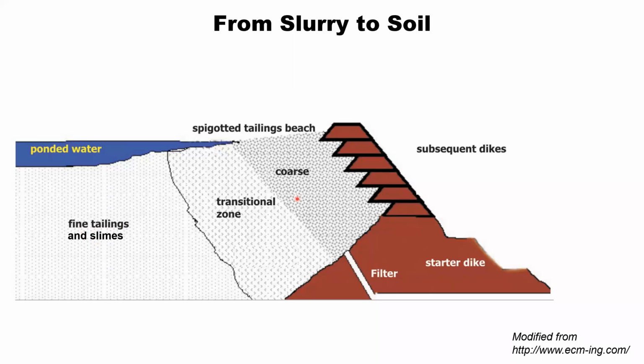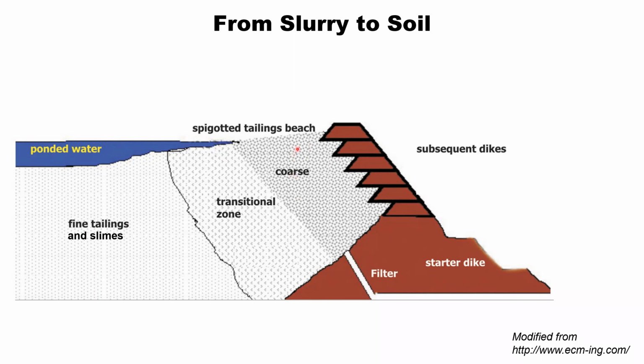But again, this is idealized. When you have very heavy materials being deposited, iron ore as an example, the material may have a high enough specific gravity that those fines can be mixed in with the coarse material and deposited, such that we don't get these very nice, idealized zones.